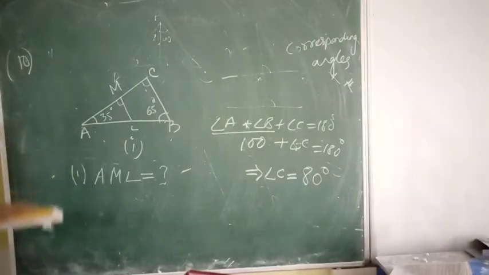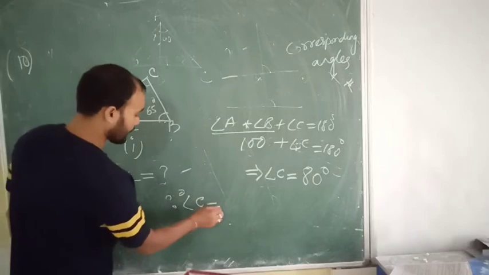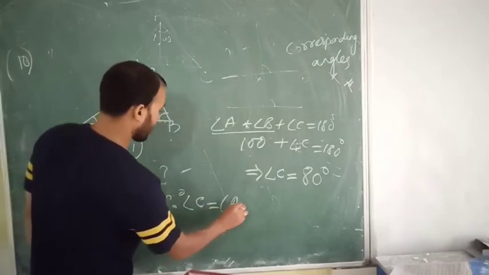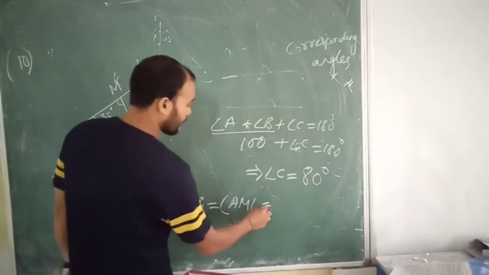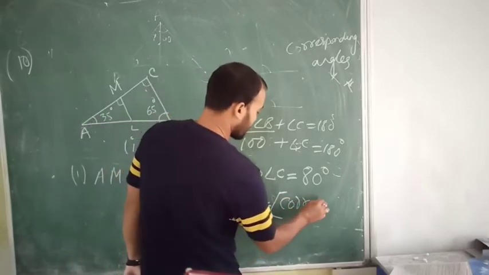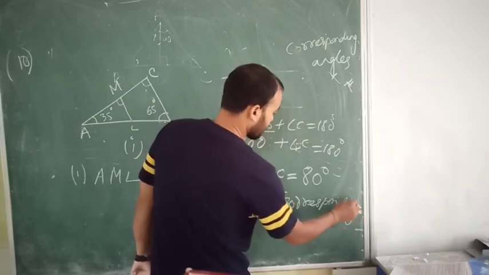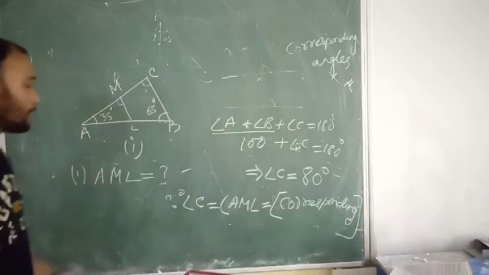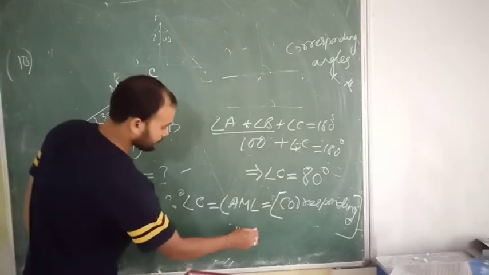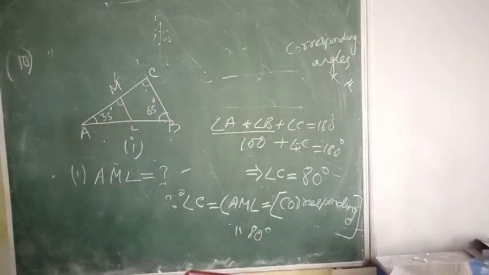If angle C is 80 degrees, since angle C is equal to angle AML. Why is it equal? Because it is corresponding. You have to write it in this manner. You copy. So, therefore, this angle will be 80 degrees.